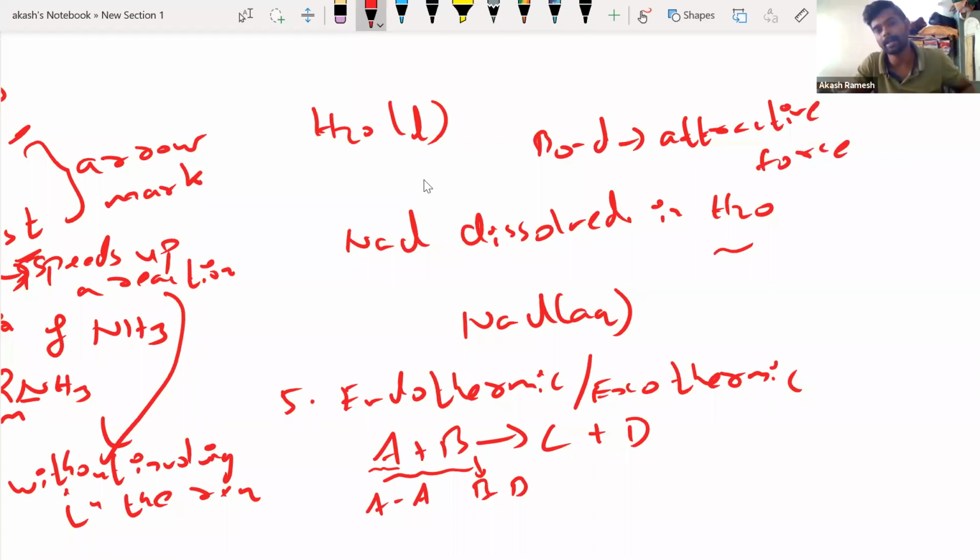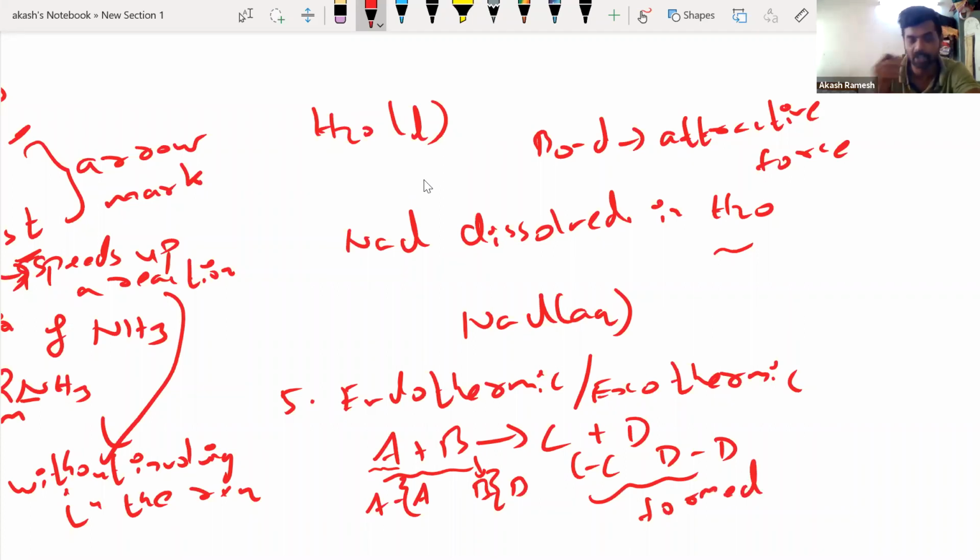So if you want to make this reaction happen, you have to break the bonds on the reactant side. And if you go to the product side, you have this CC bond, say DD bond, and so on. Now these bonds have to be formed.